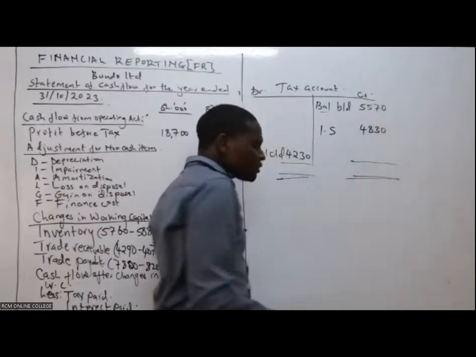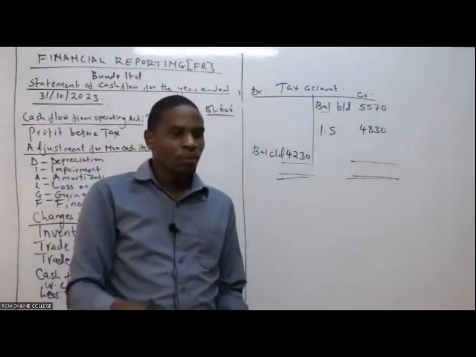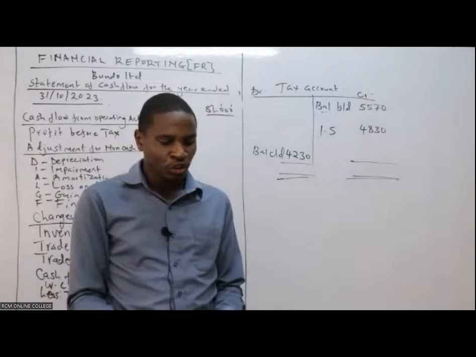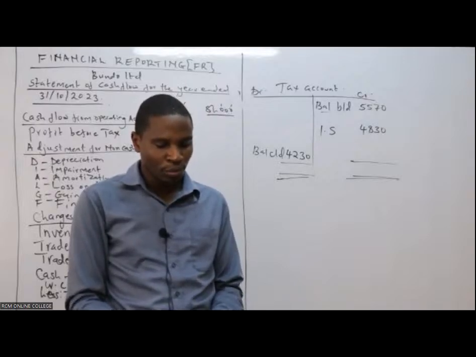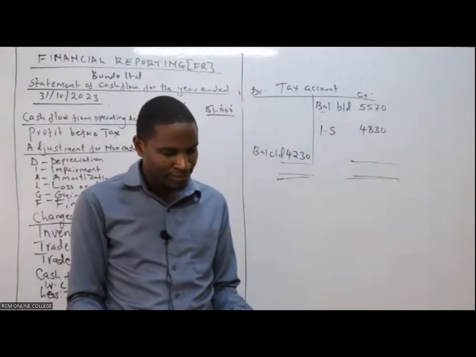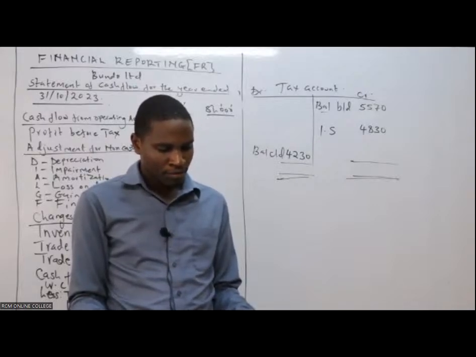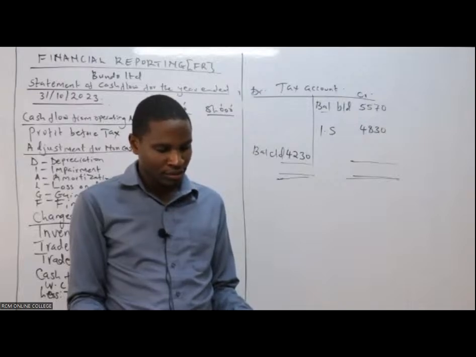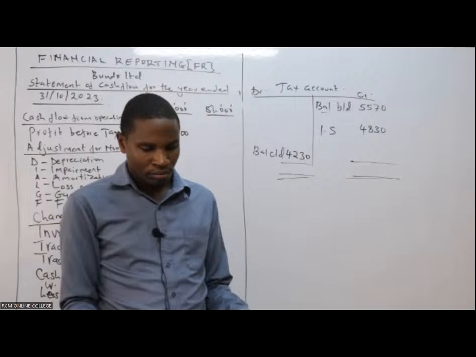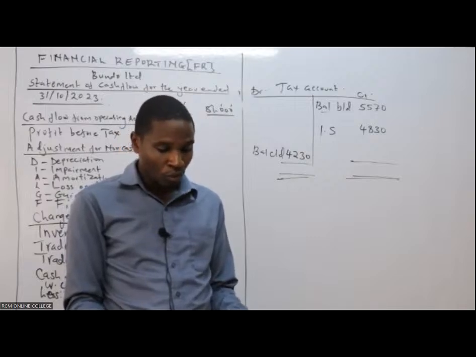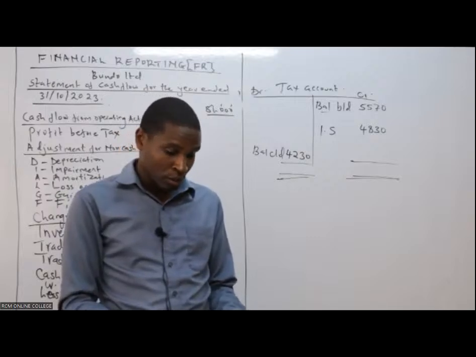Can you tell me whether in the additional information we have anything touching on tax? In the additional information, is there anything that mentions tax? Oh, there is something I have seen. It turns out we also had deferred tax.